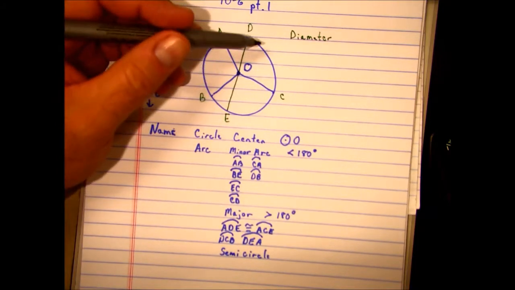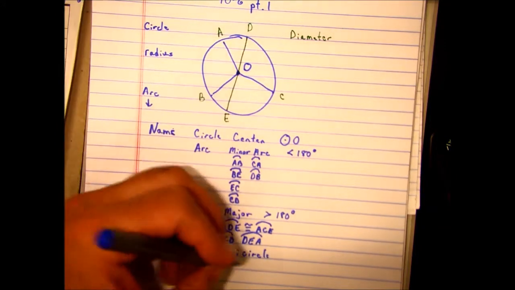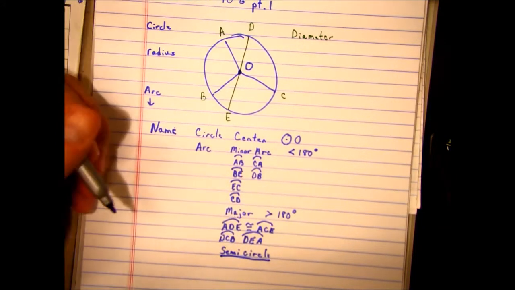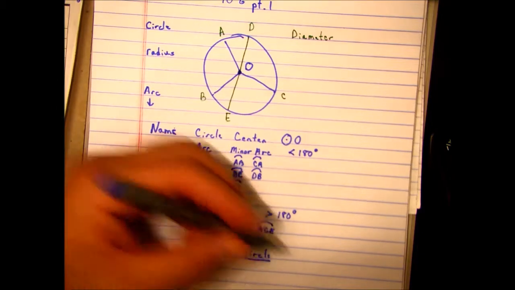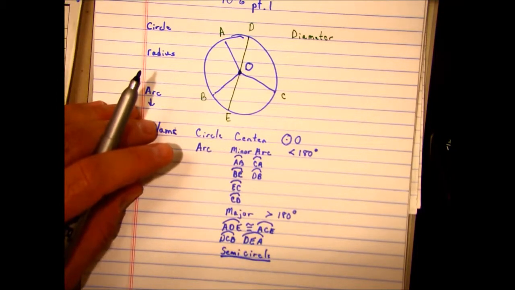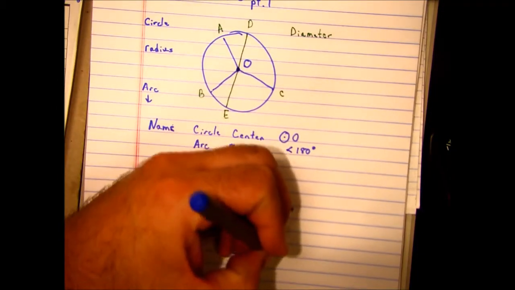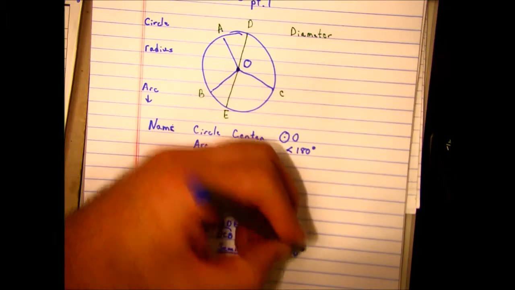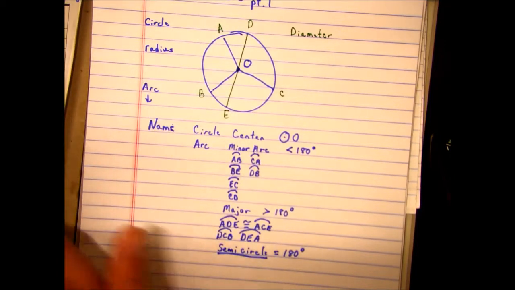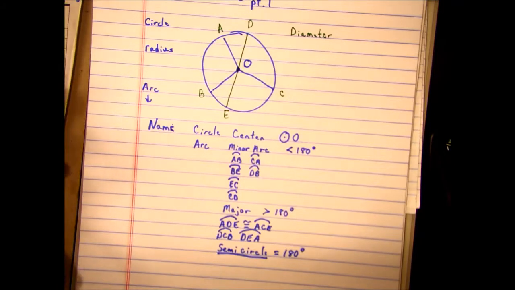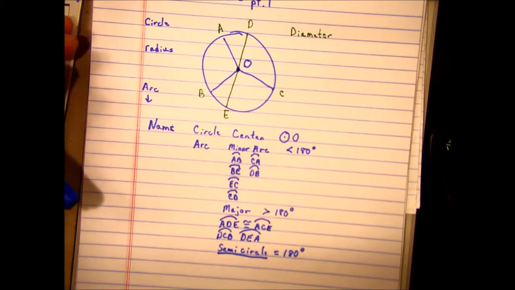It doesn't matter how many letters you use for that because you must use the word semicircle to establish it's a semicircle. All right, there's no shortcut. A semicircle is equal to 180 degrees. There is no shortcut. It is what it is.